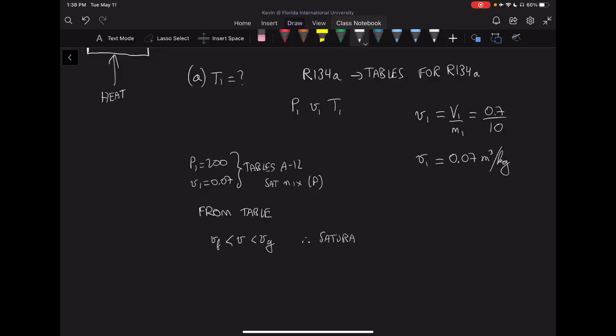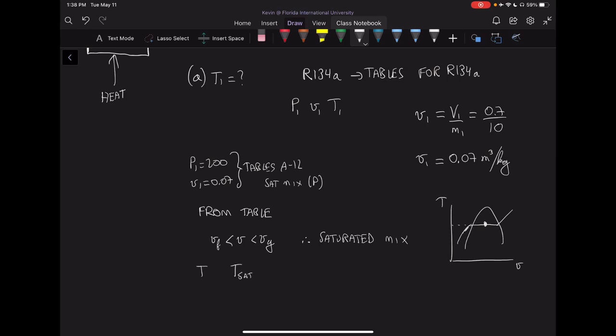Now, it doesn't ask us to figure out if we have a saturated mix, but since we do, we know that inside the region of the saturated mix, if we draw our PV diagram and sort of like a constant pressure system, our temperature is going to be constant, and our temperature is going to be Tsat.